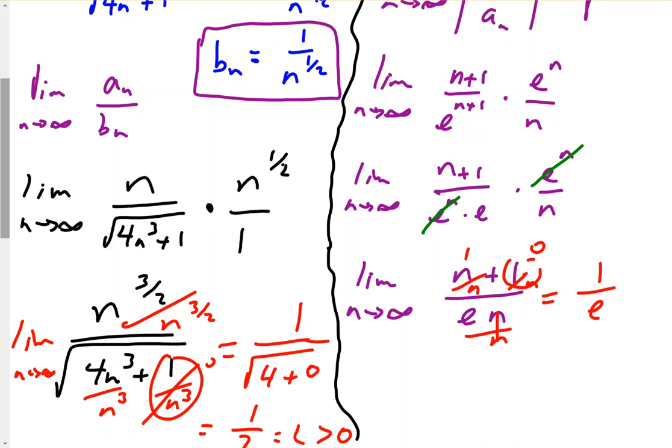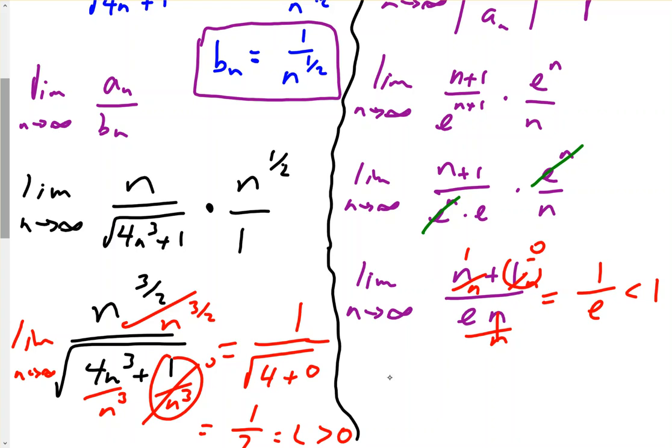Now 1 over e. e is about 2.718, and it continues. 1 over 2.7, that's less than 1. Right, and the rule was if rho was less than 1, then we absolutely converge.